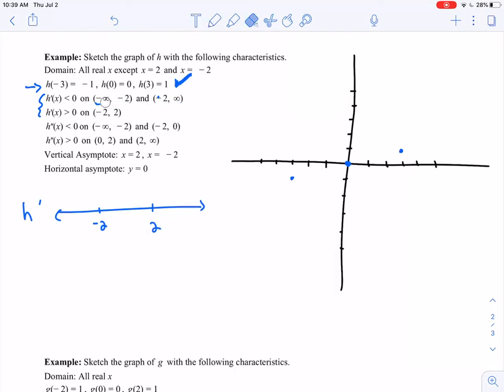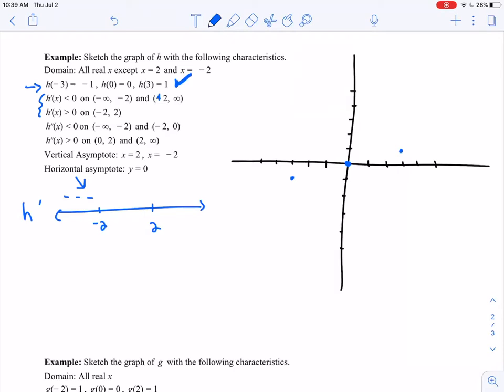So we said on -infinity to -2, h prime is less than 0. h prime is less than 0 means that h prime is negative, which means our function is decreasing on that interval. What else do we know? We know that h prime is less than 0 also on +2 to +infinity.